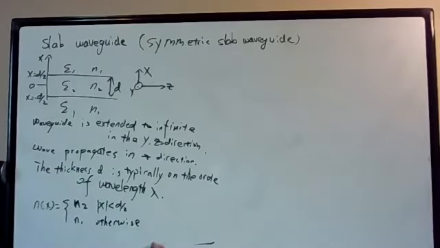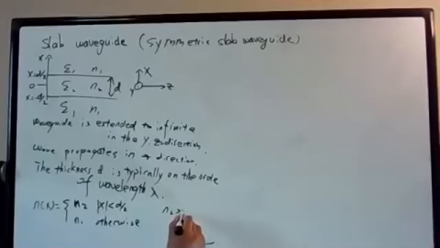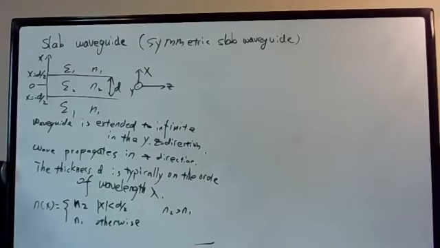So we know that N2 is greater than N1. It needs to be the high index in the center and the low index in the cladding, okay? Just like the optical fiber.